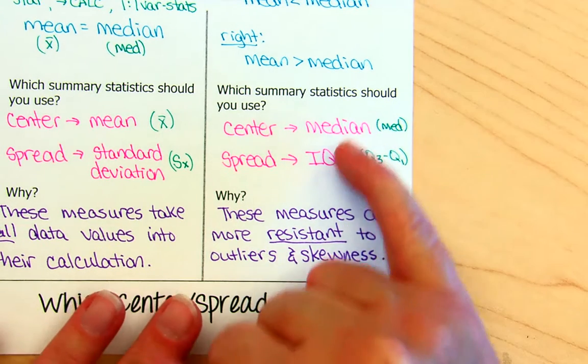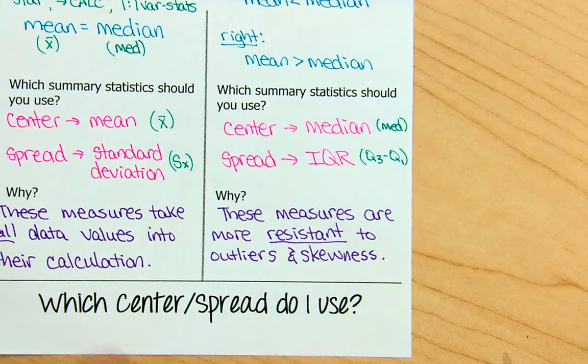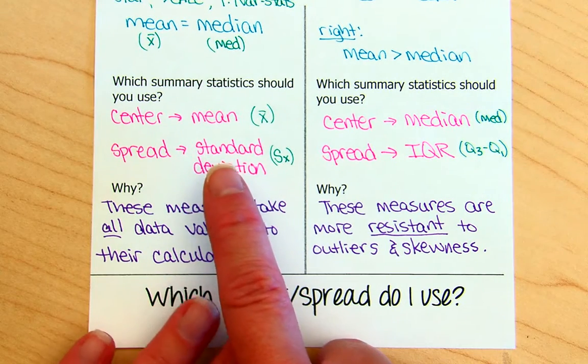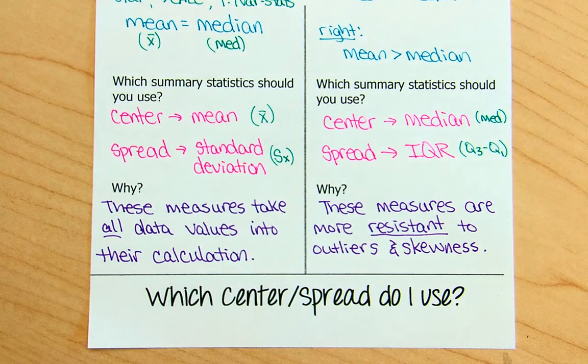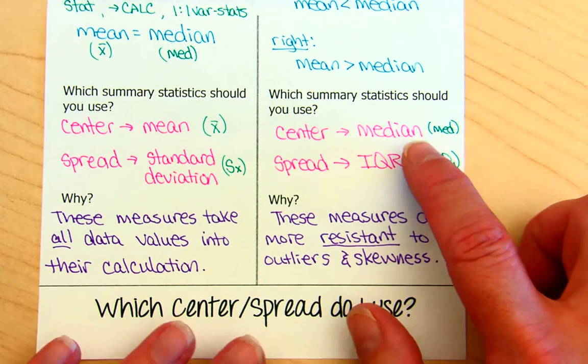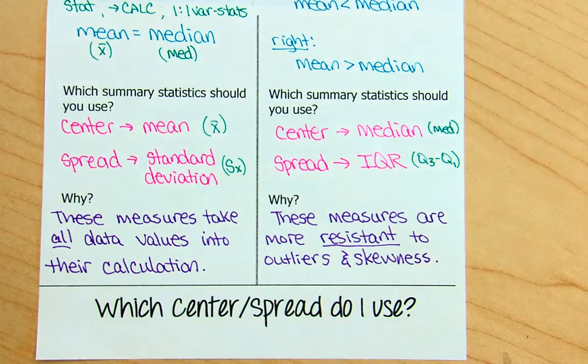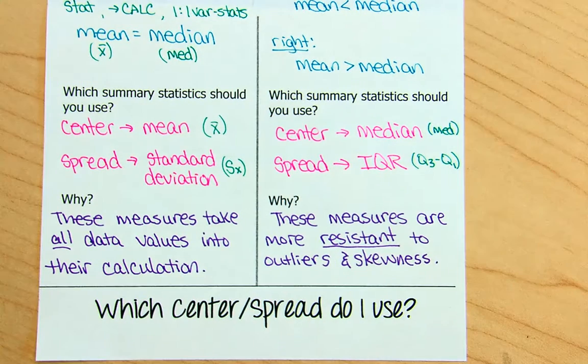So these are more a measure of location, where these are a measure of the value of each number in the data set. The middle value doesn't change no matter how far I move that highest or lowest value. The IQR, that middle set, doesn't get affected because outliers are not contained in that middle half of the data. They're on the extreme. So moving them farther out had no effect on that middle part.